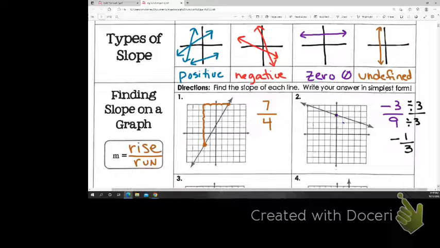And if I were choosing, I would personally choose 2 points that are close together. Because if I choose them close together, then I don't have to reduce. It still works if I choose all the way out here and all the way over here, but then I had to reduce. So if I choose ones that are closer together, I won't have to worry about reducing.